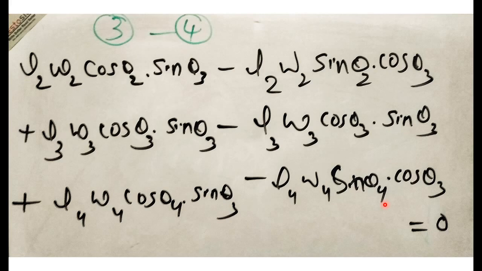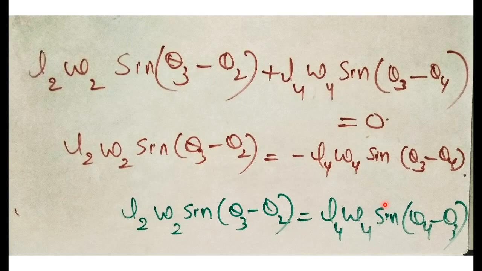So you write that in the next expression. L2 omega 2 sine of theta 3 minus theta 2 plus L4 omega 4 sine of theta 3 minus theta 4 equal to 0. So in the next step, take the L4 omega 4 term to the right hand side. So you can write L2 omega 2 sine theta 3 minus theta 2 equal to minus L4 omega 4 sine theta 3 minus theta 4.